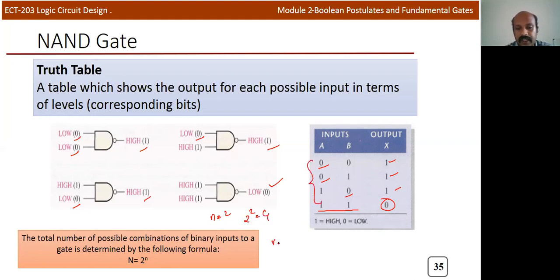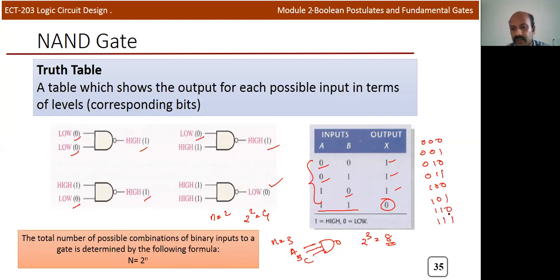If n is equal to 3, meaning a NAND gate with 3 inputs, for example A, B, C, then you need to write 2 raised to 3, which gives 8 combinations: 0 0 0, 0 0 1, 0 1 0, 0 1 1, 1 0 0, 1 0 1, 1 1 0, 1 1 1. Let it be A, B, C, and the output.